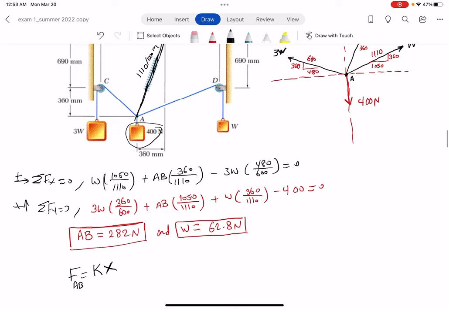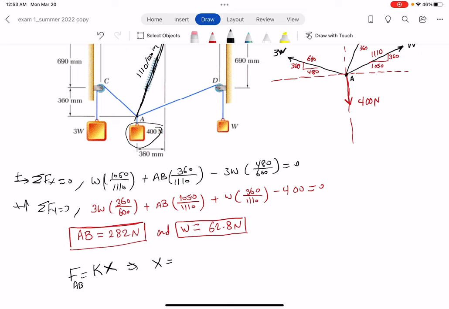We need to find X, which is the extra stretch. What is the length of the spring after it has been stretched?